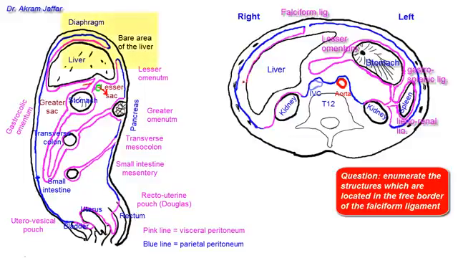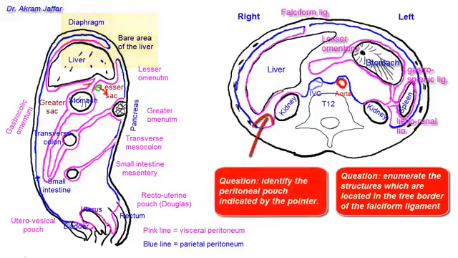Of course, there is a bare area which is shown in longitudinal section, but not in this section. This is the visceral peritoneum covering the liver, encloses the liver, and then this is the second fold, or the second leaf of the fold of the falciform ligament, returning back. So you can see again that the peritoneum is visceral and parietal.